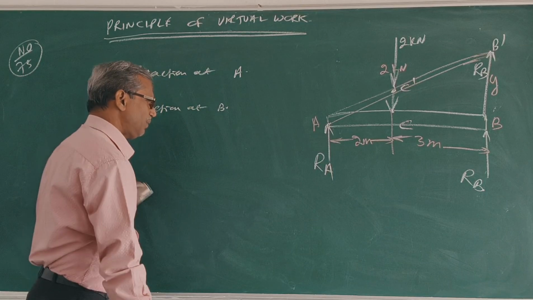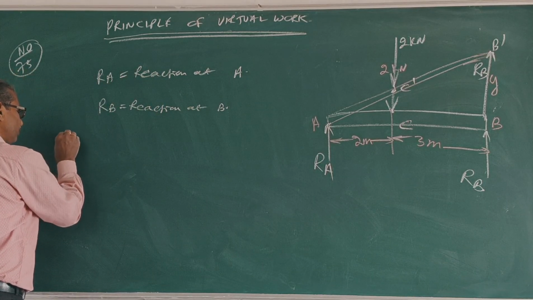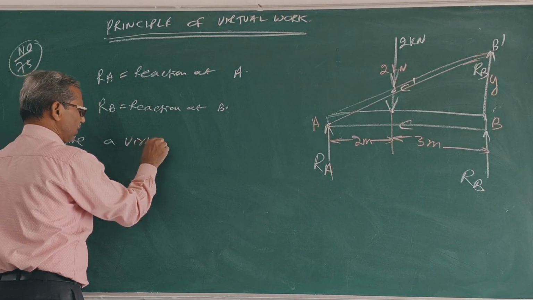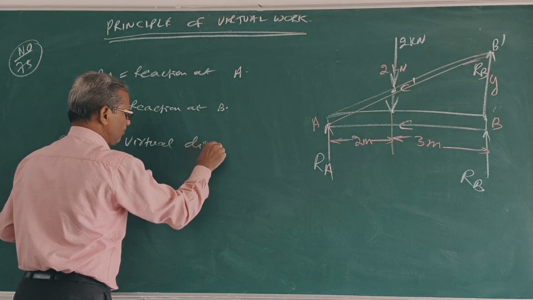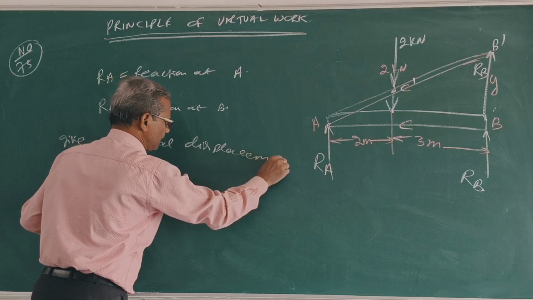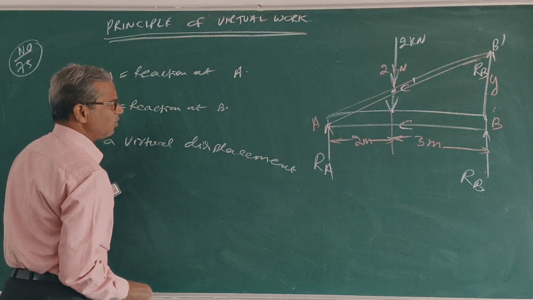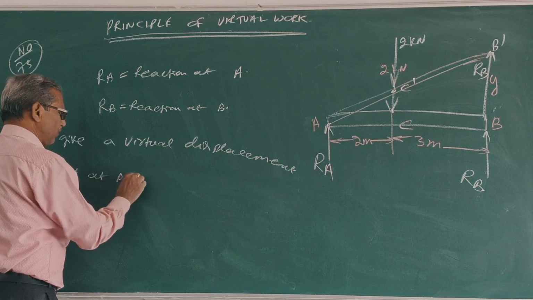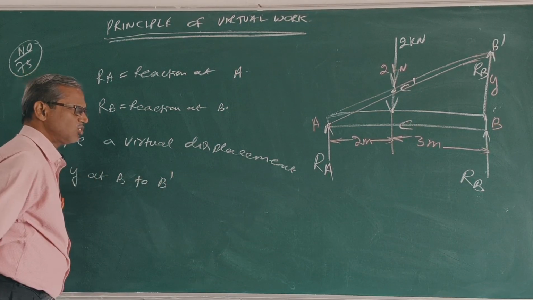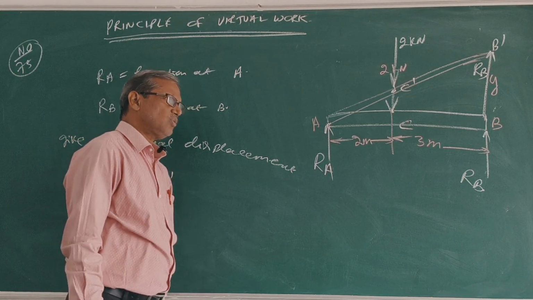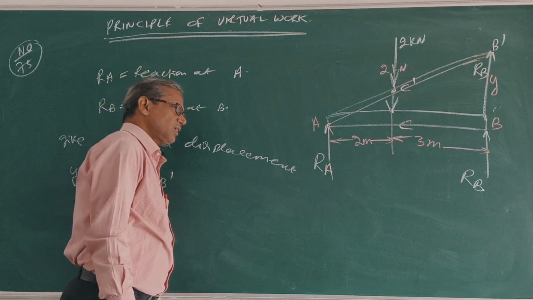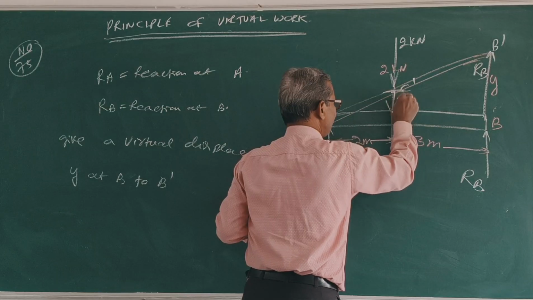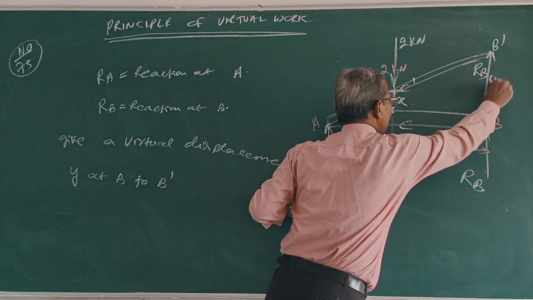Give a virtual displacement Y at B to B dash. Let this be X and this be Y. Clear?